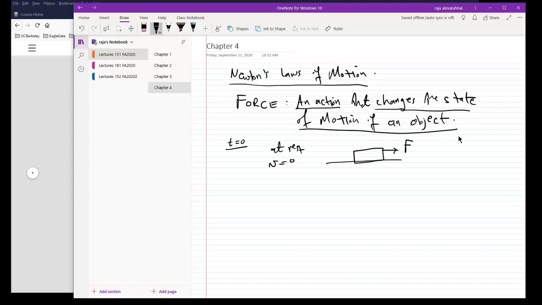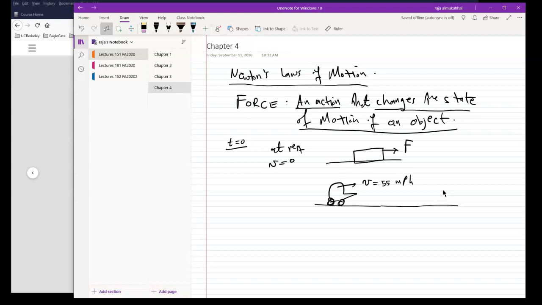The converse is also true. Let's say that you have, say, a car, okay? And the car is moving with some velocity, say 55 miles an hour, on the road. And let's say there is a stoplight ahead, and what happens is that the driver pushes on the brake.